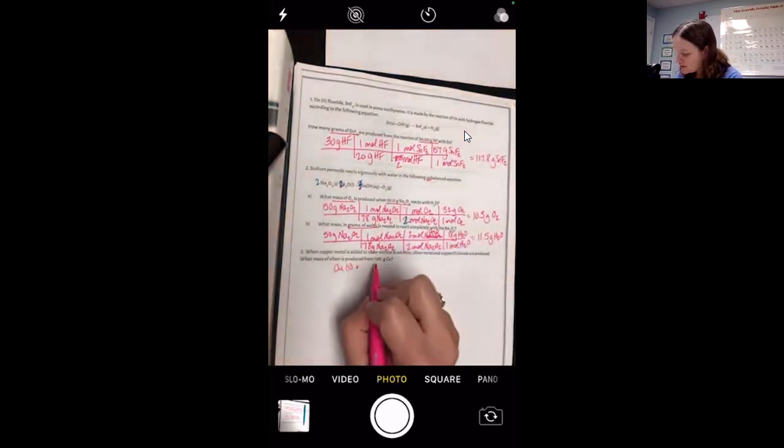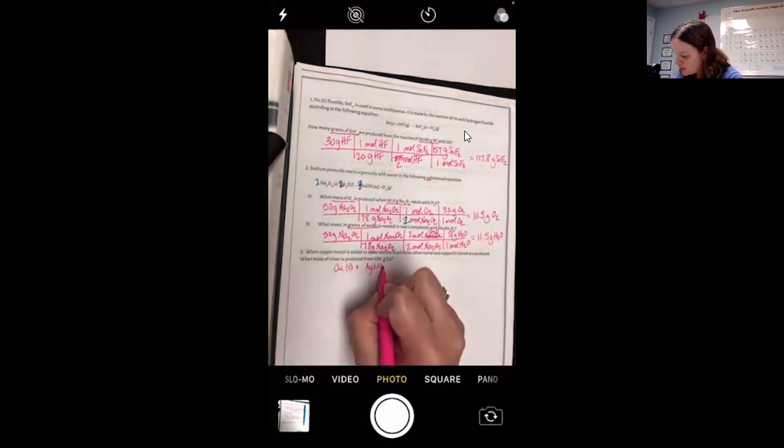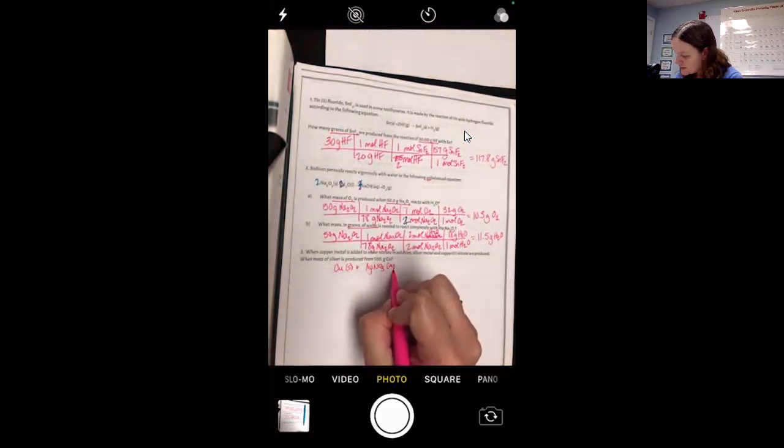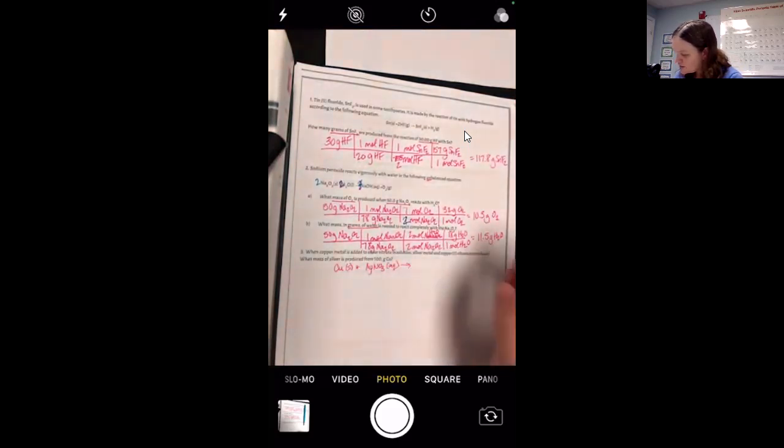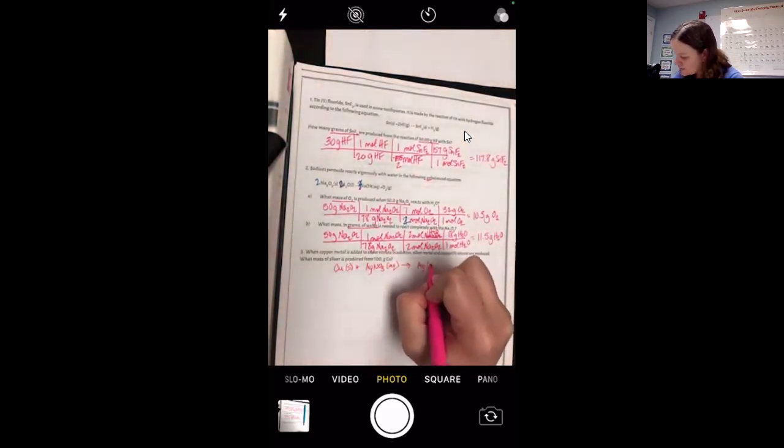We're adding that to silver nitrate, which is AgNO3. That one is aqueous, and that is going to produce silver metal and copper 2 nitrate.